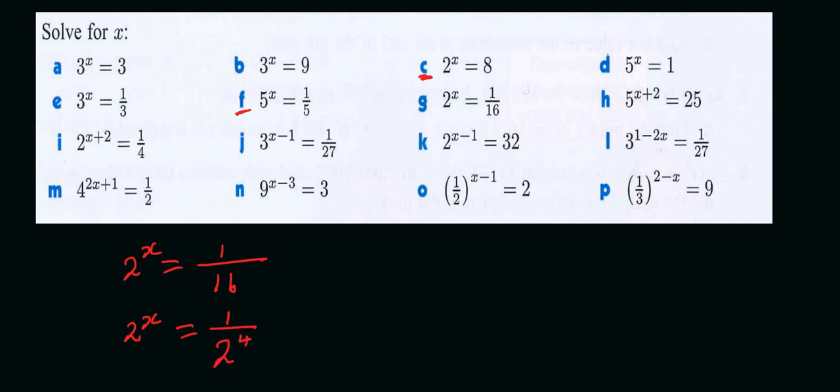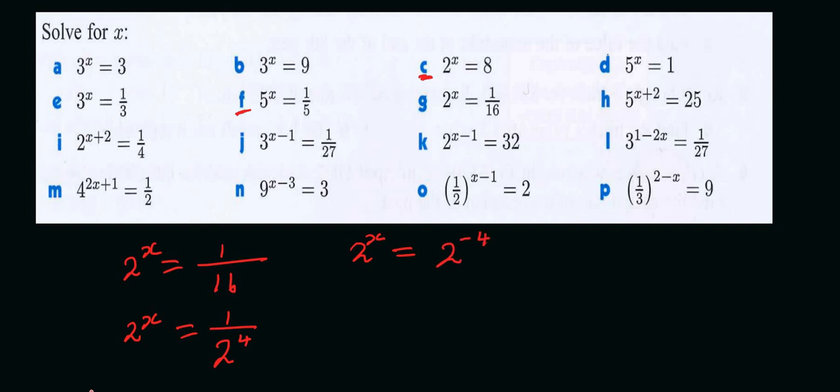So the denominator has a positive exponent, so we can make this base a positive number, a whole number, by just changing the positive exponent to a negative exponent. So when we do that, we're going to have 2 exponent x equal 2 exponent negative 4.